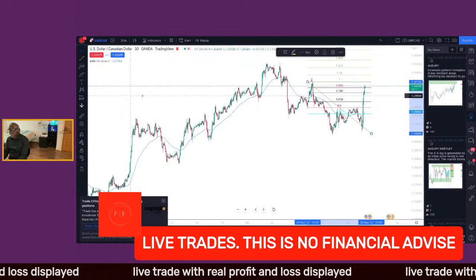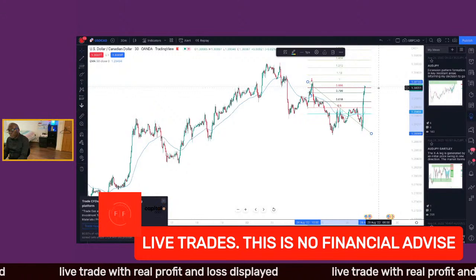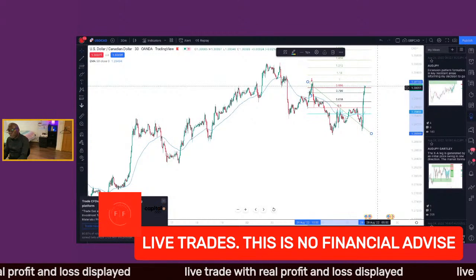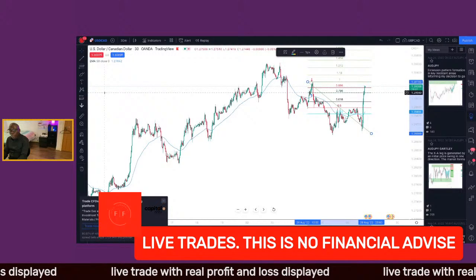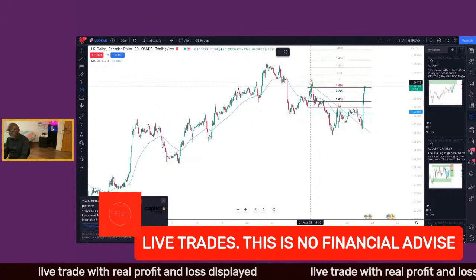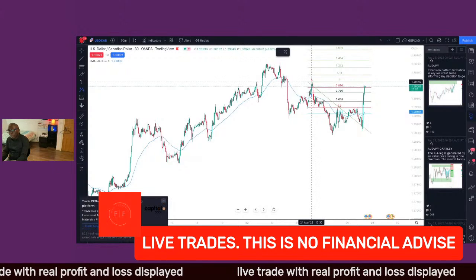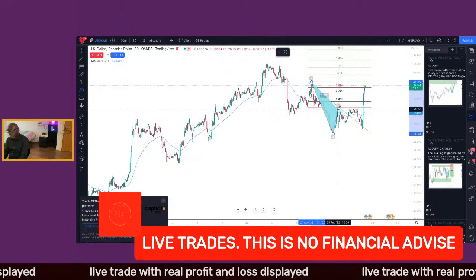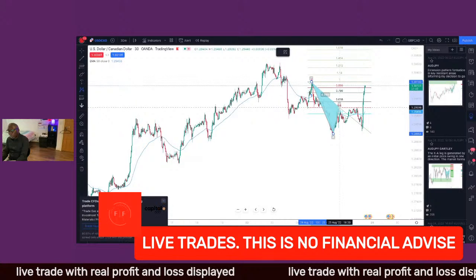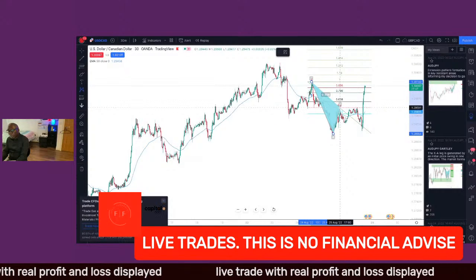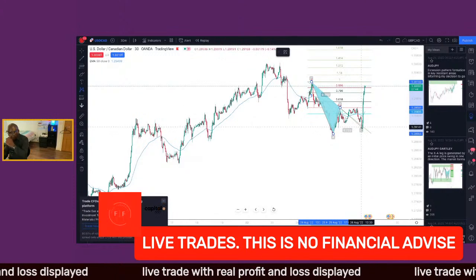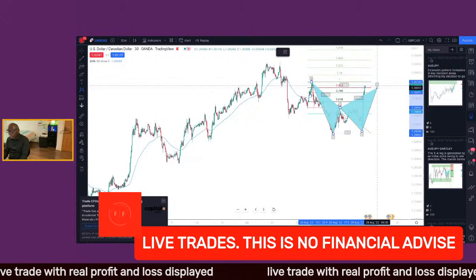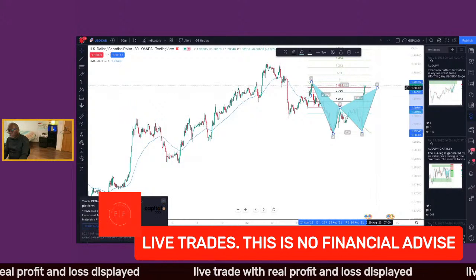Now, for a bat pattern to be complete, your potential reversal zone is around 0.886 on Fibonacci retracement. So if I draw it through for you, X to A to B, it's exactly 0.5 on Fibonacci retracement, and it should complete here.